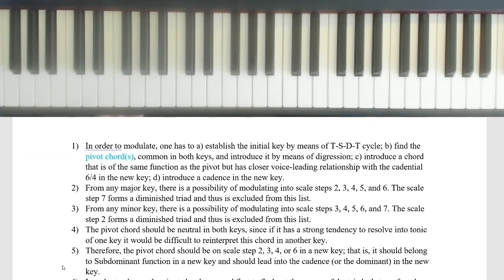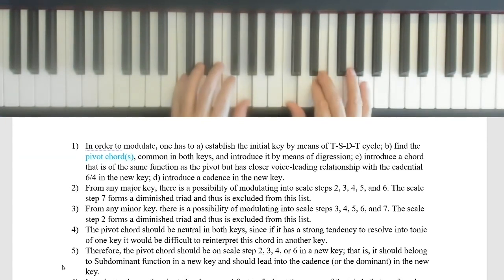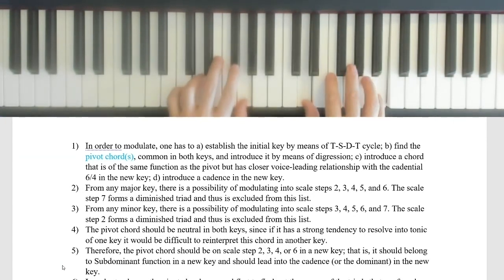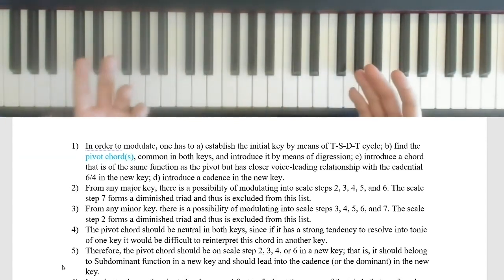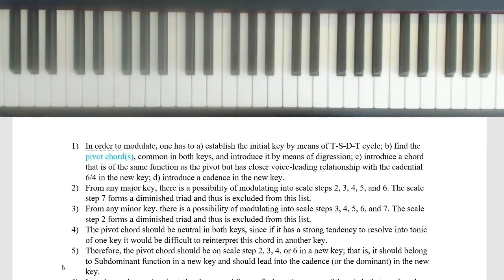So the points. In order to modulate, one has to establish the initial key by means of the TSGT cycle. Here I would add that it's not even useful to play modulation in schematic form, something like this. Well, this may look like modulation, but it's taken out of context.